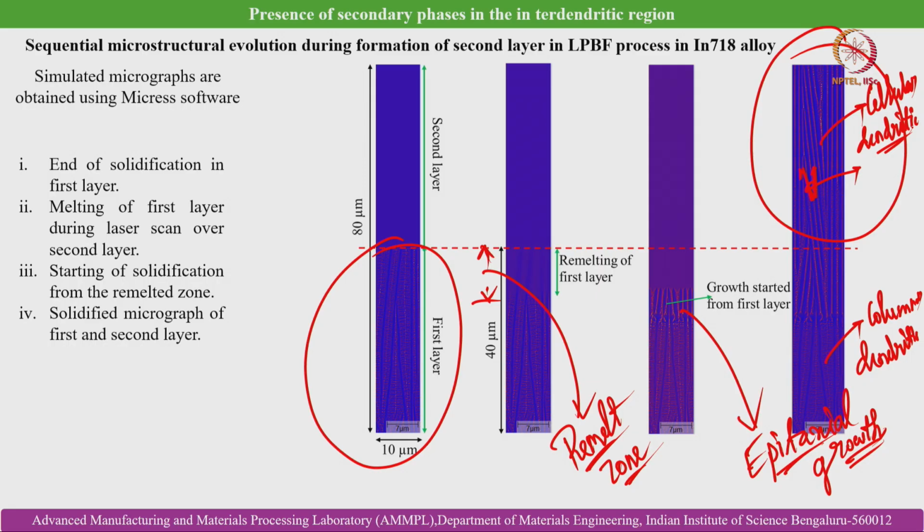So, you can see how in additive manufacturing the microstructure can vary layer by layer, with the change of the laser scanning speed, the scanning strategy, and also the laser power intensity.